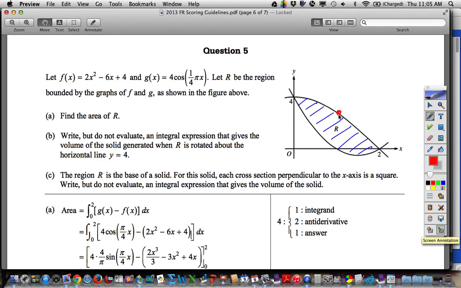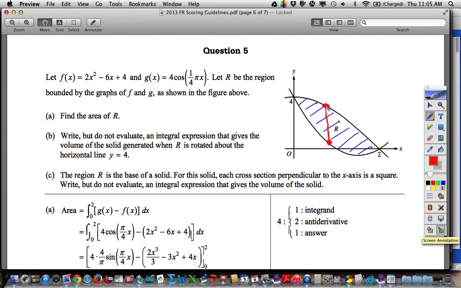Let's put a strip right there. That strip is what? One side of the square. So coming up off of the page is a square. All the way through here, there's squares coming up off of the page.